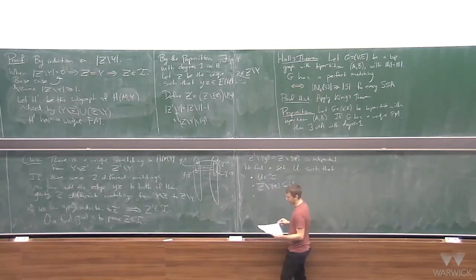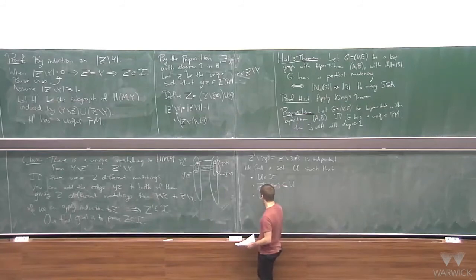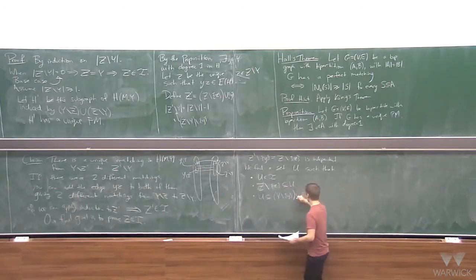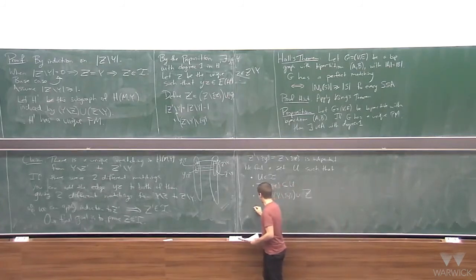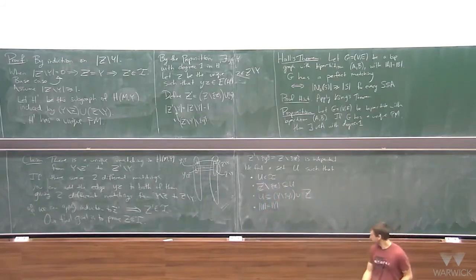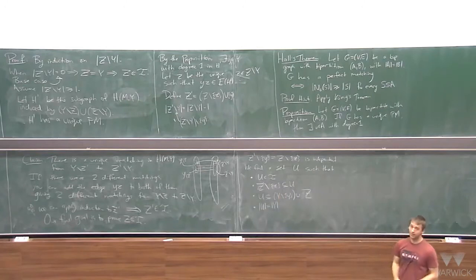We want that U is contained in Y minus y union Z, sorry, capital Z, and we want that the size of U is equal to the size of Y. Okay, why does this exist is the question.